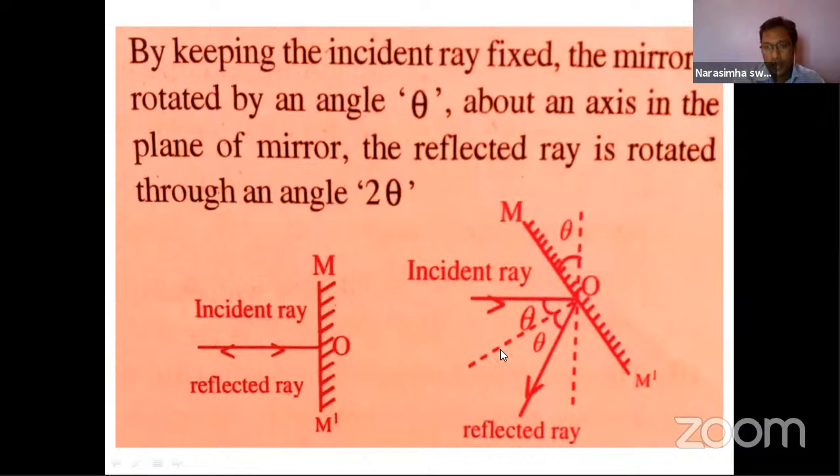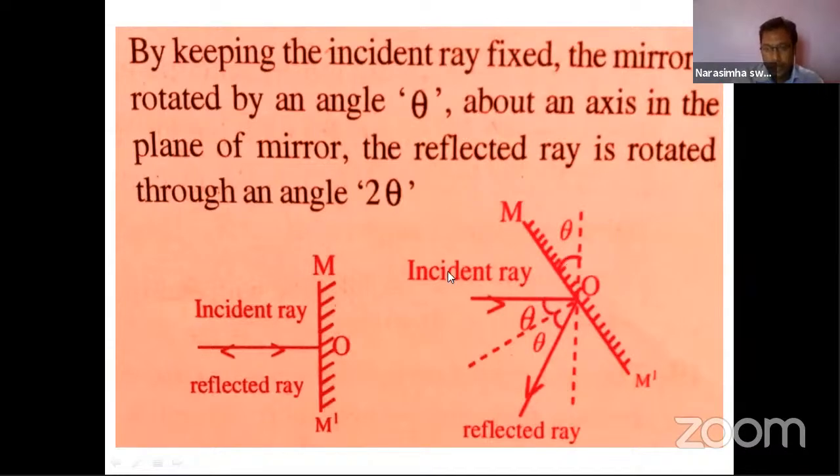You should know that the normal is always perpendicular to the plane surface of the mirror. The incident ray is fixed as usual and the reflected ray is like this. With the help of the normal, the incident ray makes theta and the reflected ray also makes theta. So the total angle between the incident ray and the reflected ray is 2 theta.